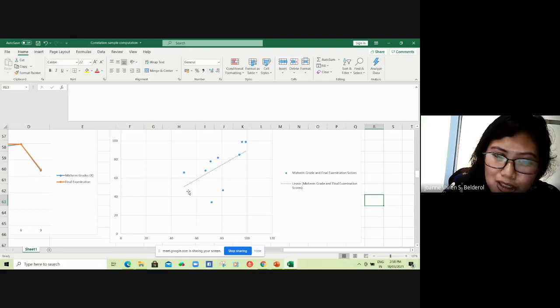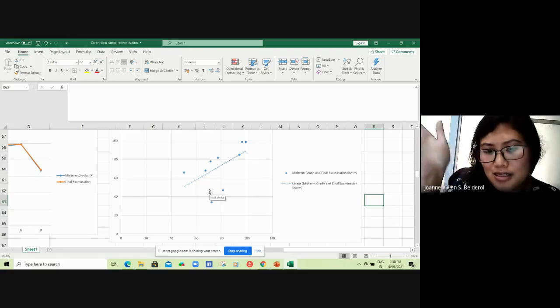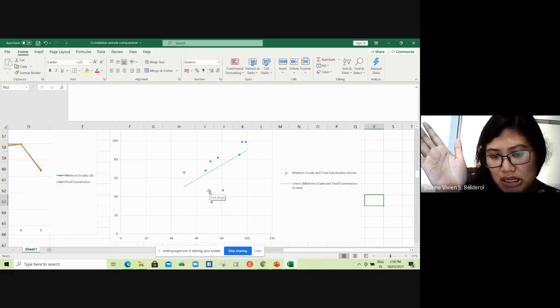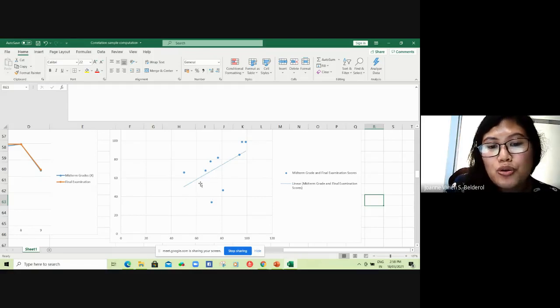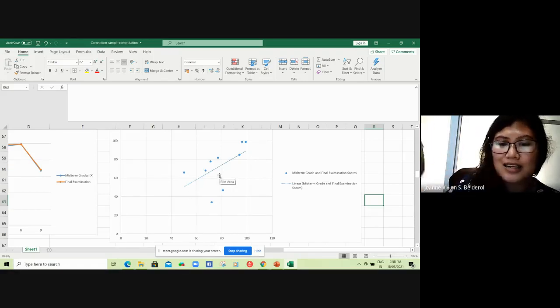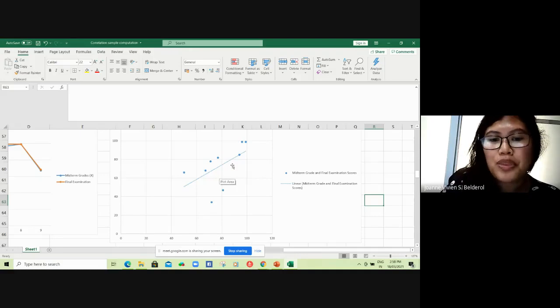It is positive because the trend line goes to the right. And it is moderate because your dots are not perfectly lined. It is not a perfectly straight line. It's only moderate. If the dots form a straight line, that means it's a strong relationship.